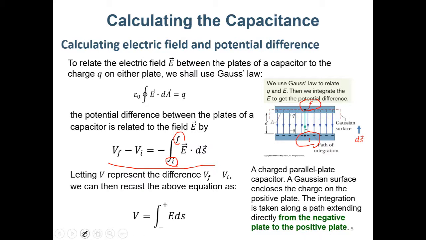This is negative, this is I, this is positive F. So we merge this minus sign with this integral, and the lower and upper bounds are reversed due to the negative sign. And V is the voltage between this plate and this plate.